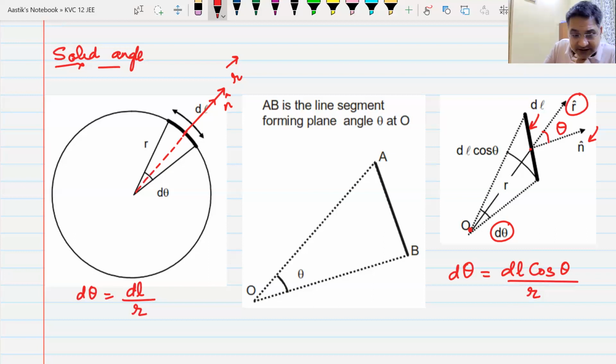What is a solid angle? Imagine a cone of ice cream. Has everyone written this? Yes or no? Sir, 1 minute. Okay. Let me know once you're done.